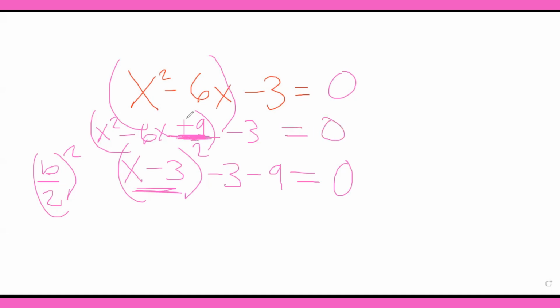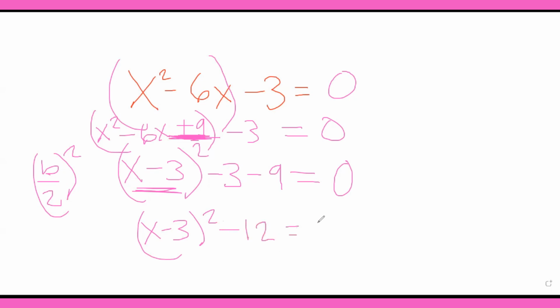And then to make sure we haven't changed the value of this equation, we've just changed how it looks by completing the square and getting it in vertex form. So I'm going to subtract 9 to counteract it here because I've added 9 inside the parentheses. I'm going to subtract 9 on the outside. So to finish this up, this would be x minus 3 squared, and outside here would be minus 12.